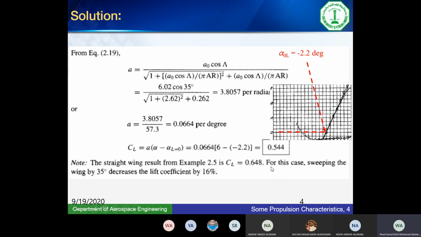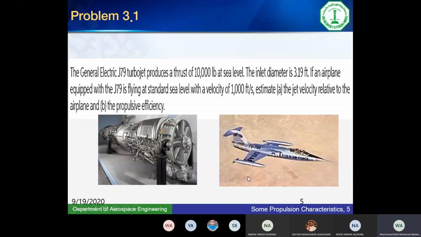Okay, so now let's move on to the second problem. This is problem 3.1. It reads: the General Electric J79 turbojet, that's the engine, a very famous turbojet engine from the 1960s that used to power fighter aircraft at that time.